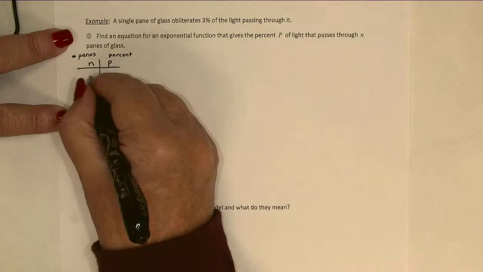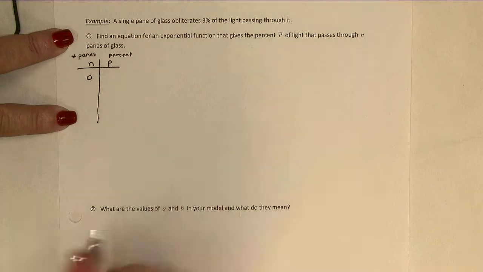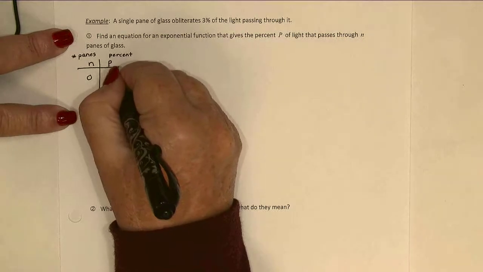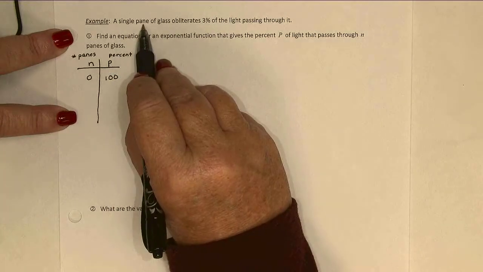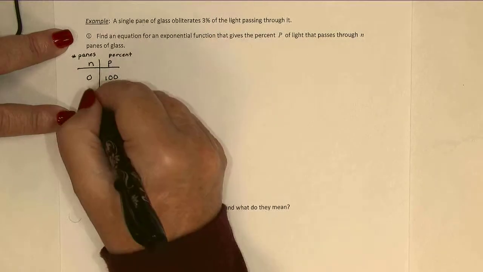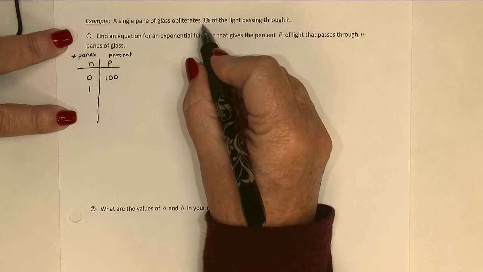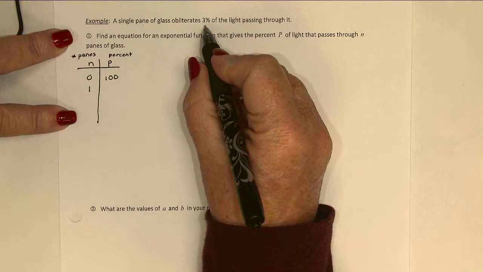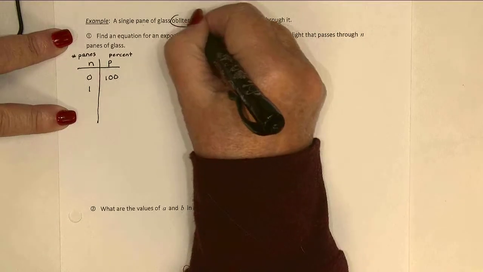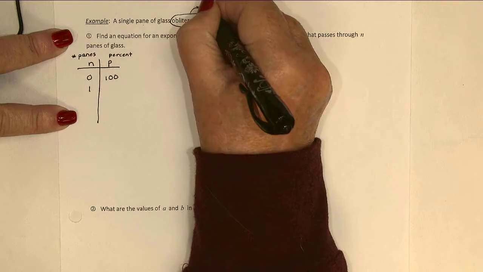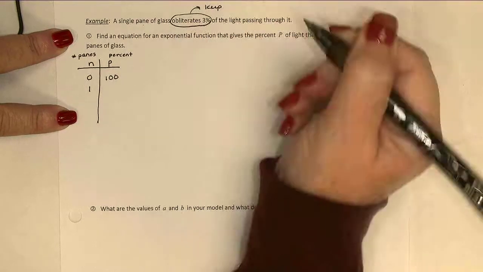If I have no glass at all, we'd have all of the light. So we'd have 100%. Now we're told that one pane of glass obliterates 3% of the light, so gets rid of 3%. If we get rid of 3%, then what percent do we keep?